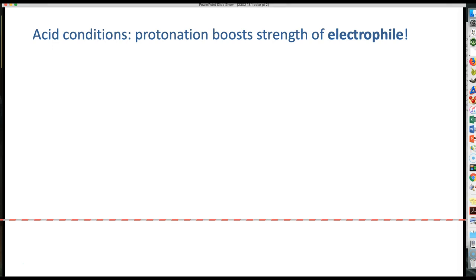All right, well, so what? Why is this important? Well, it's important because you can get the reaction to go more efficiently, more quickly, and ultimately you'll have a better outcome. So by protonating that carbonyl, you're really boosting the electrophilicity of your carbonyl carbon.